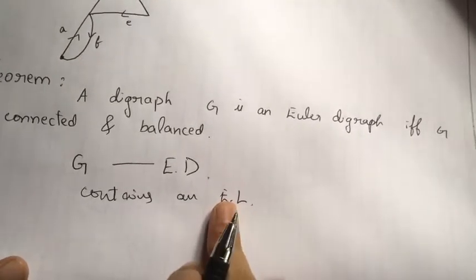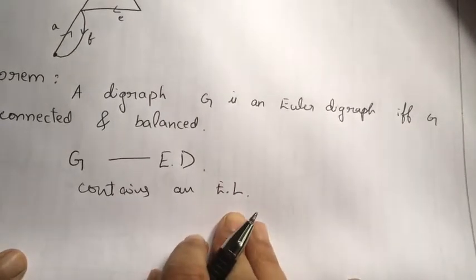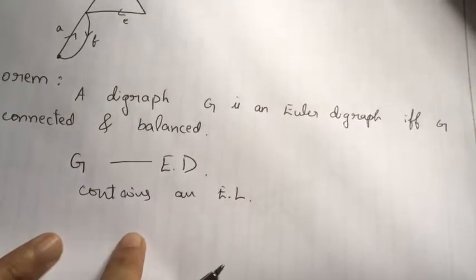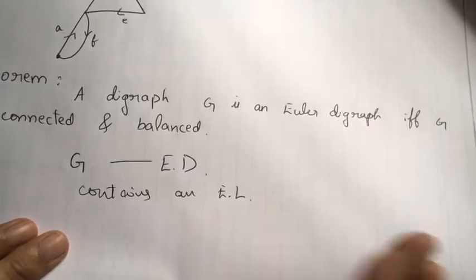Hence, I can say that every edge in G is traversed in one walk, and I can say G is connected.